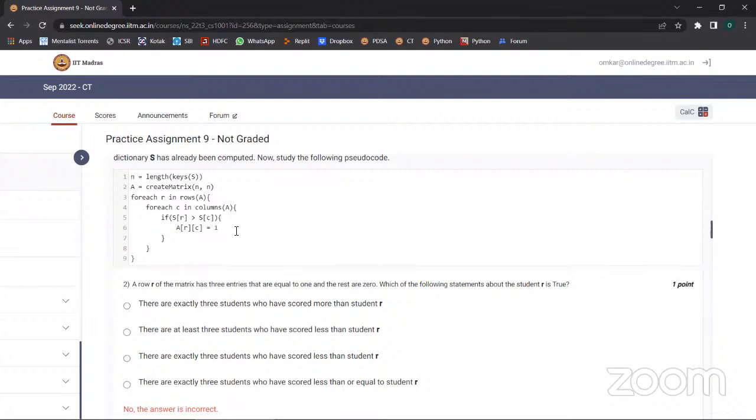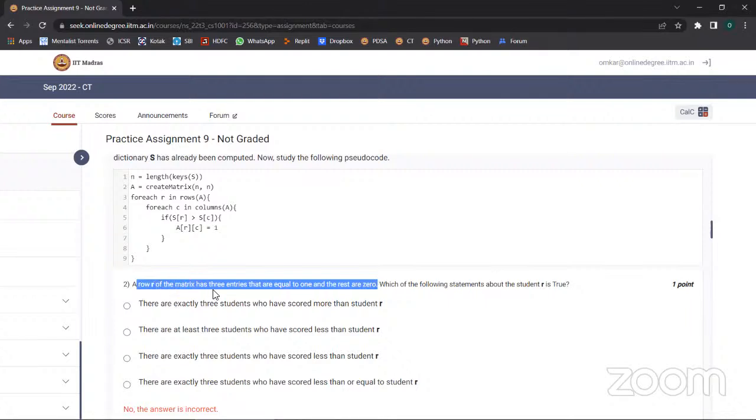R is a row: the first index refers to the row, the second refers to the column. That's what we are following. So let's say RC is 1, RD is 1, and RE is 1. That means R has scored more marks than C, D and E. That is what even this statement is saying.